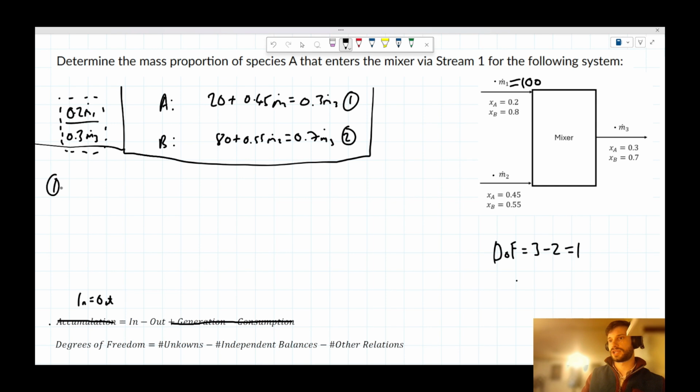So equation 1 divided by 0.3, what does that look like? Well, it's going to be 20 over 0.3 plus 0.45 over 0.3 M2, and that's all equal to M3.